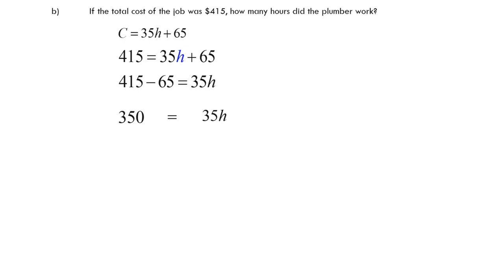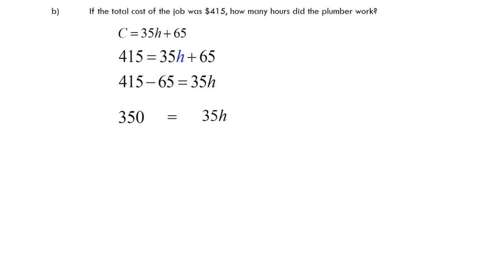Now, generally speaking, we like to have the variable on the left-hand side and the number on the right-hand side. Now, we could take the 35h to the other side of the equation, make it a negative, take the 350 to the other side of the equation, make it a negative, and then divide both sides by negative to get rid of the negative signs.